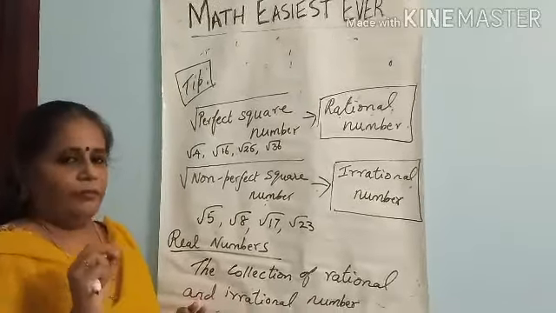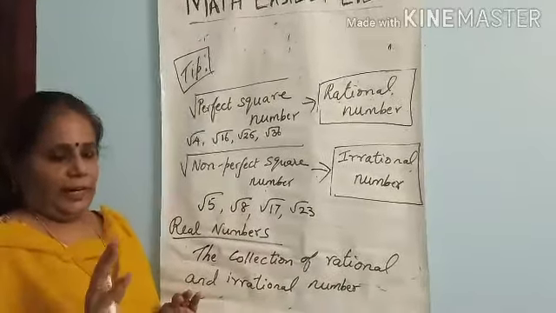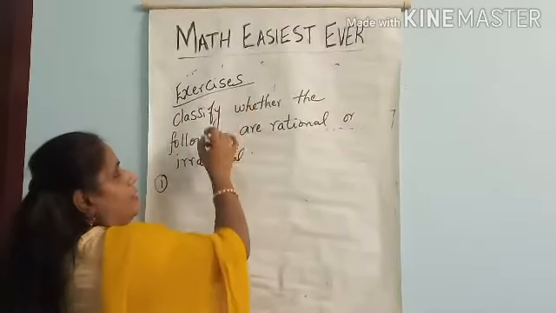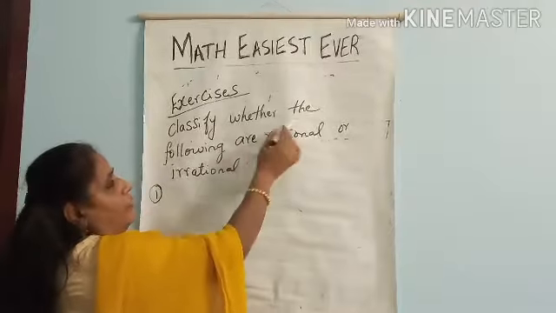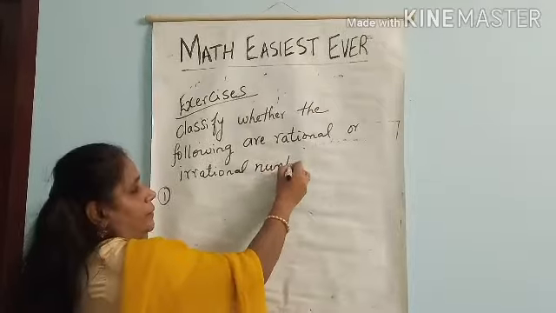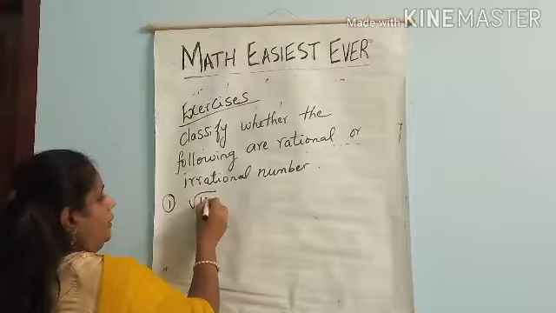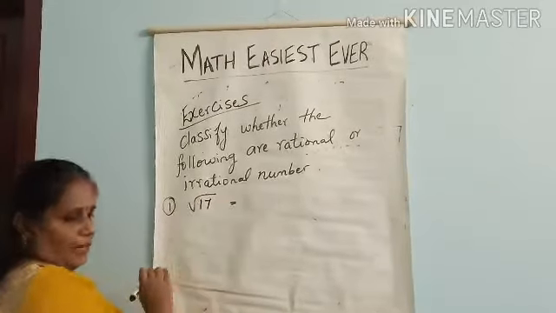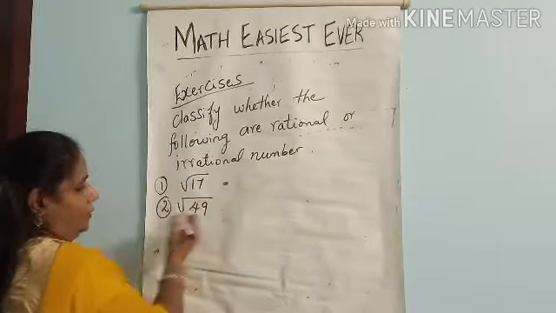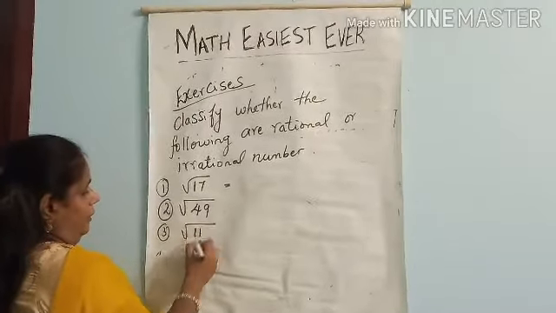Let me give you a few exercises, to differentiate between rational and irrational numbers. Classify whether the following are rational or irrational numbers. Root 17. Root of 49. Third one, root of 11.